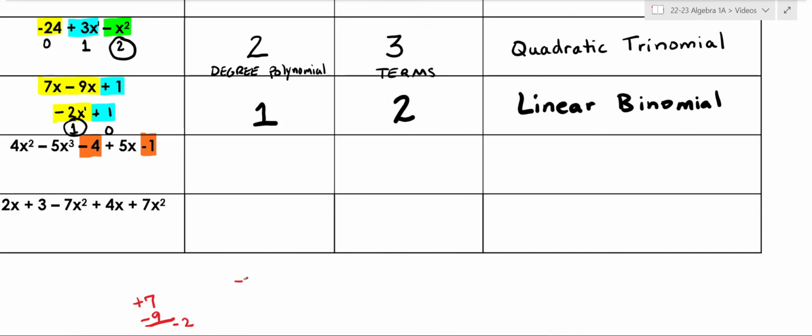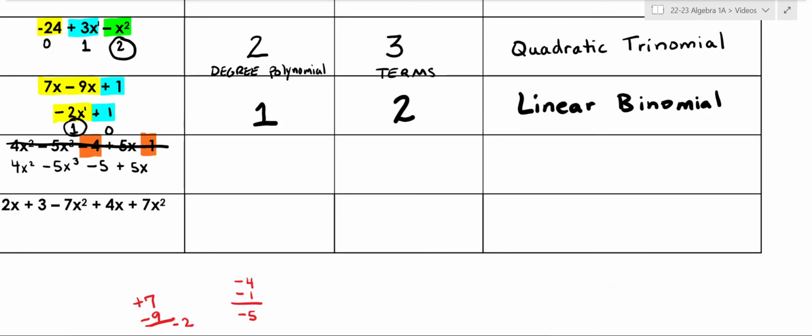So in my brain, I'm going by -4, -1, and so that gets me -5. So my two constants are going to become -5. All right, so I'm going to rewrite this. 4x squared minus 5x cubed minus 5 plus 5x. All right, so now I don't have any like terms. So I'm going to cross that one out.